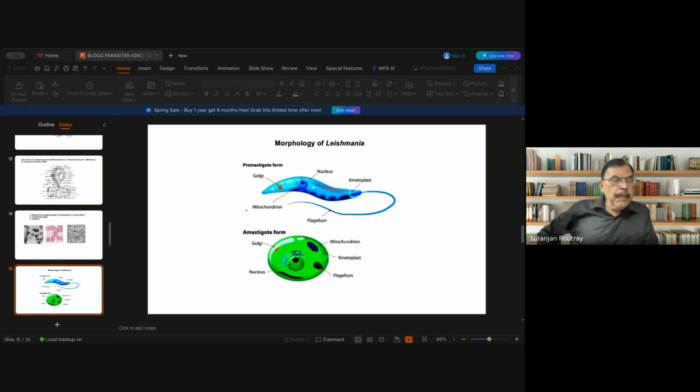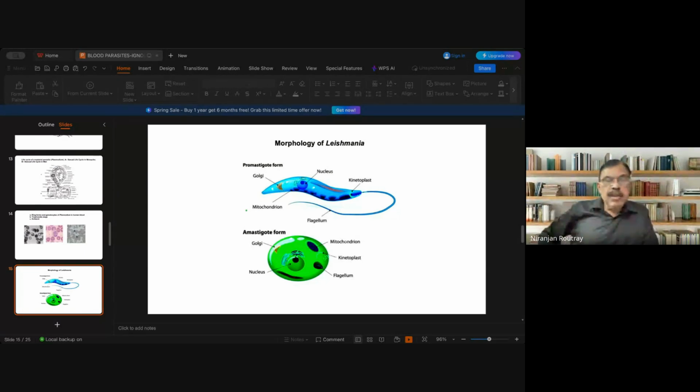So the amastigote form, or Leishmanial form, is present in the human host. It is intracellular, within the cell, and particularly found in the reticuloendothelial system of the human being, which includes the spleen, the liver and the lymph organs.